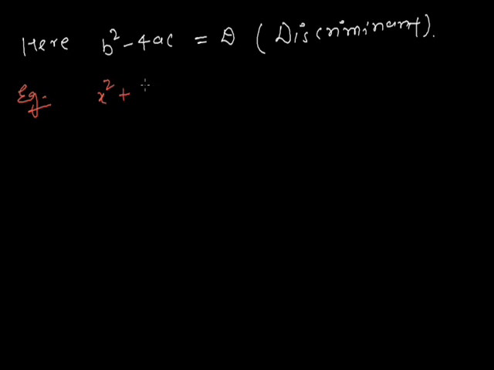Suppose our quadratic equation is x square plus 5x plus 6 equal to 0, and we have to make it in the form of a complete square. So we have to follow the process. Firstly, we multiply the equation by 4 and we get 4x square plus 20x plus 24 equal to 0.